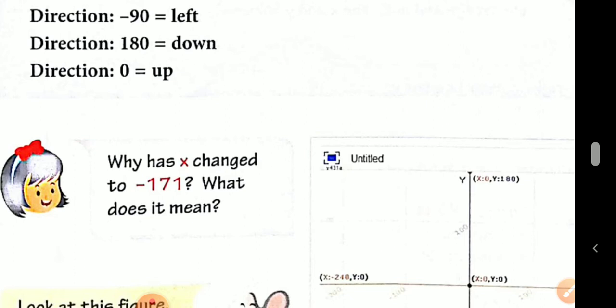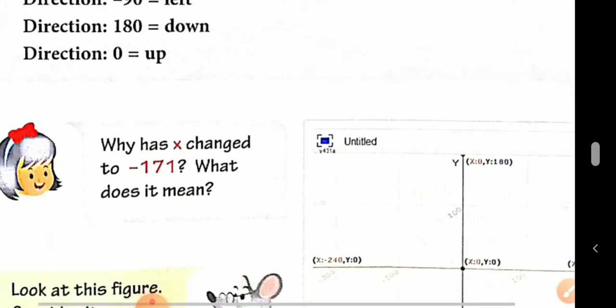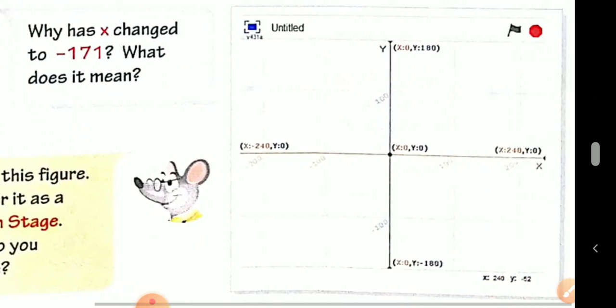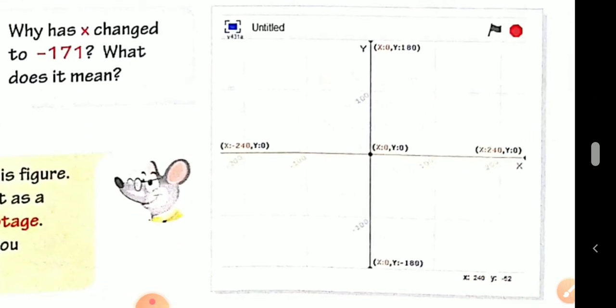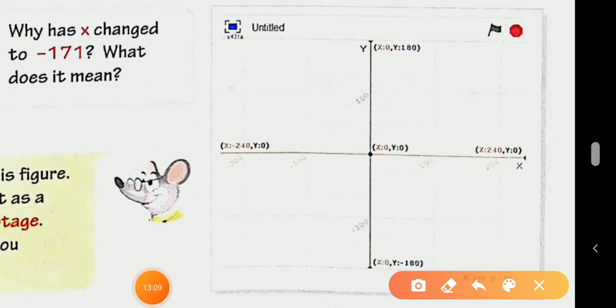Y has changed to minus 171. What does it mean? Why has it changed? Here you can see at first we put our sprite, the girl picture, into the center.